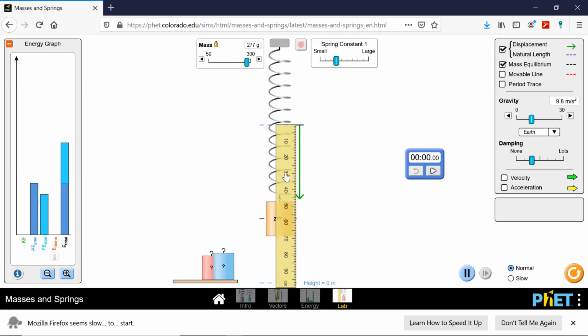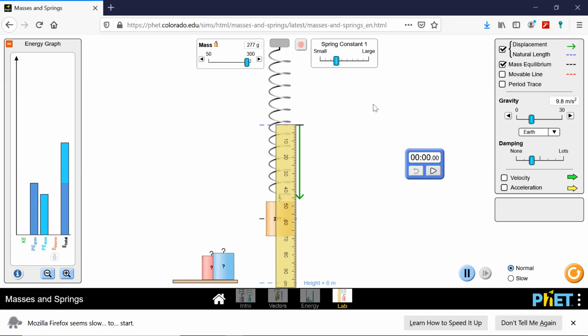What's the extension or the new equilibrium position of the spring? Somebody in the chat room answered the question, I believe. I can't see your answers because I'm sharing.